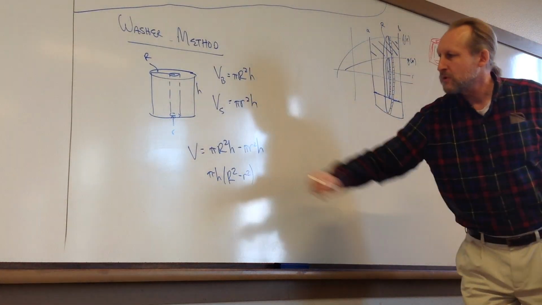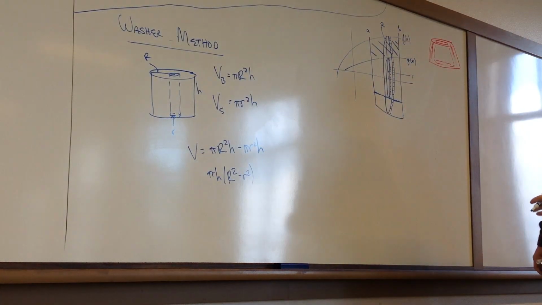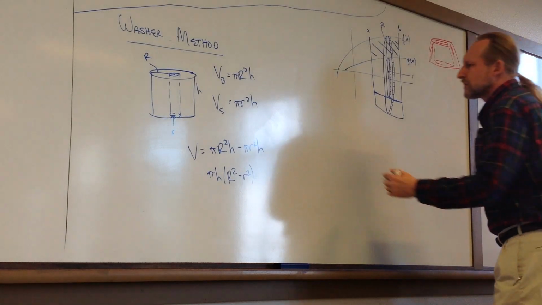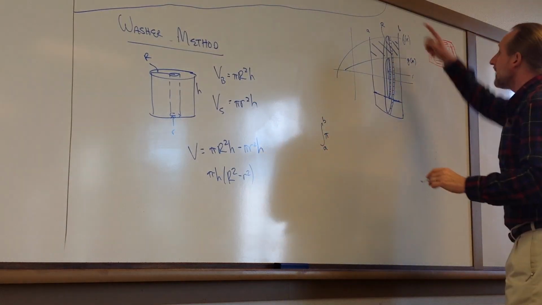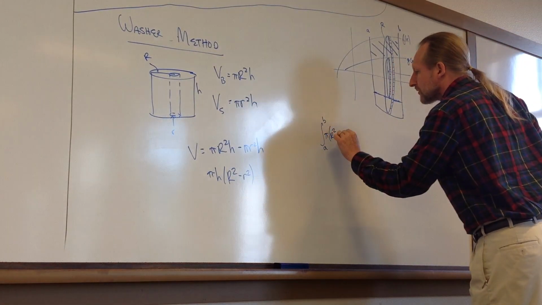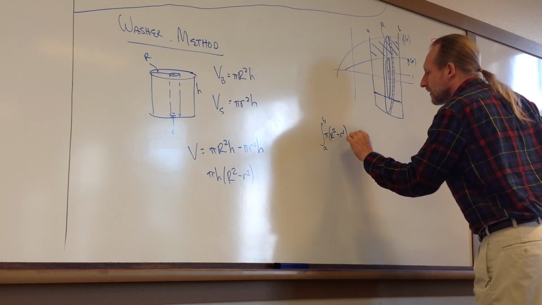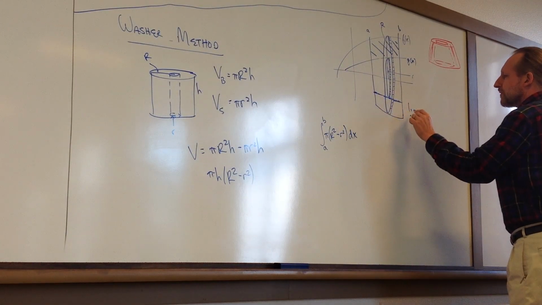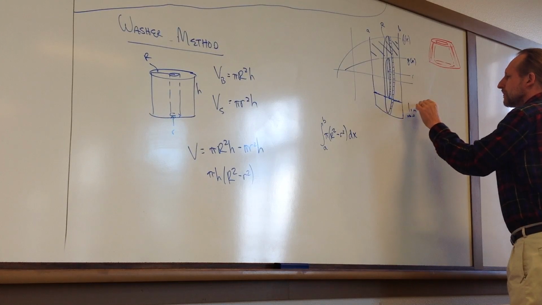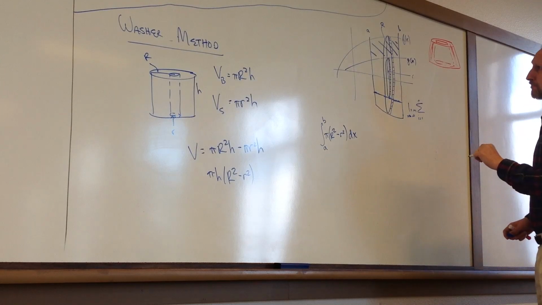So if we take our formula and do the same thing that we did for the disk method, then this is going to come out to be the integral from a to b of pi big R squared minus little r squared dx. Right? And that's coming again from this limit as n goes to infinity, the sum i from 1 to n.